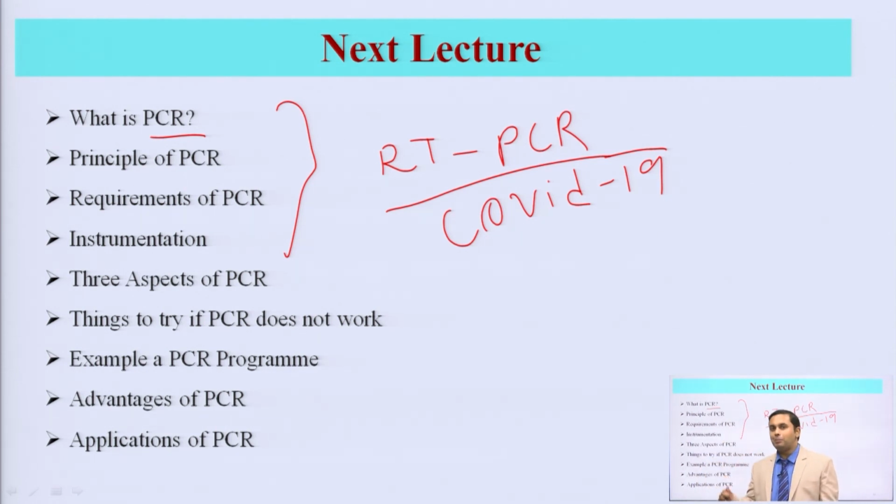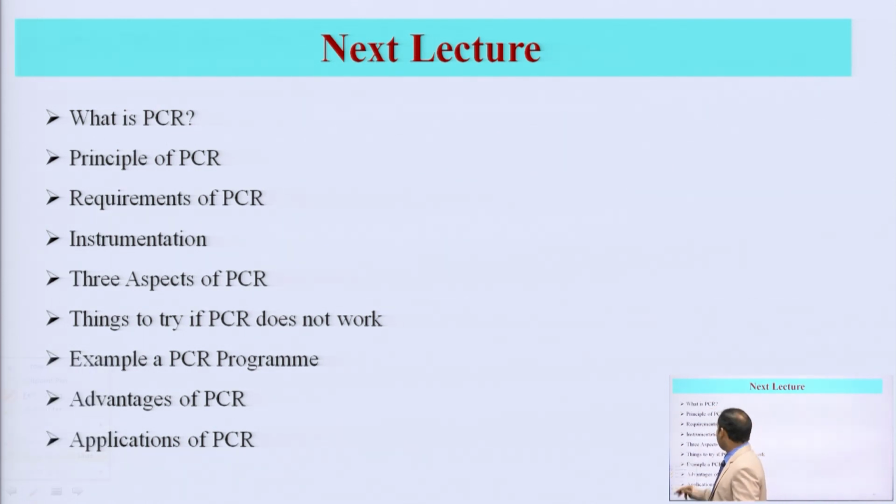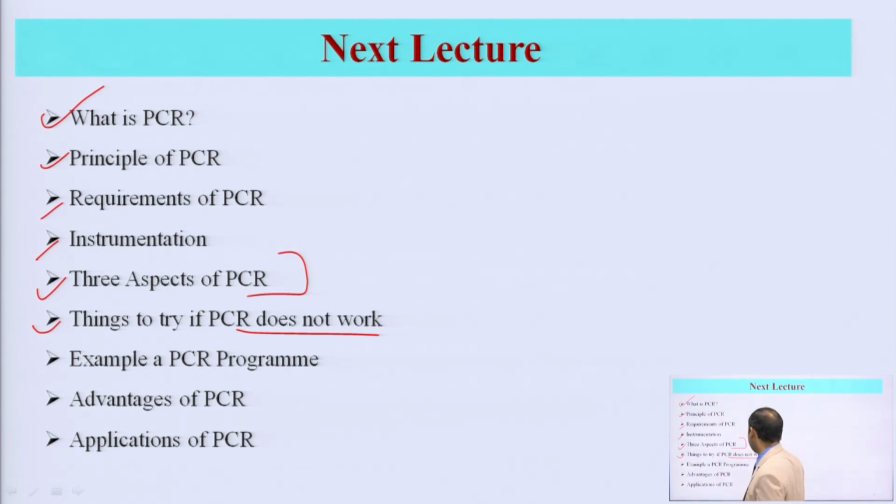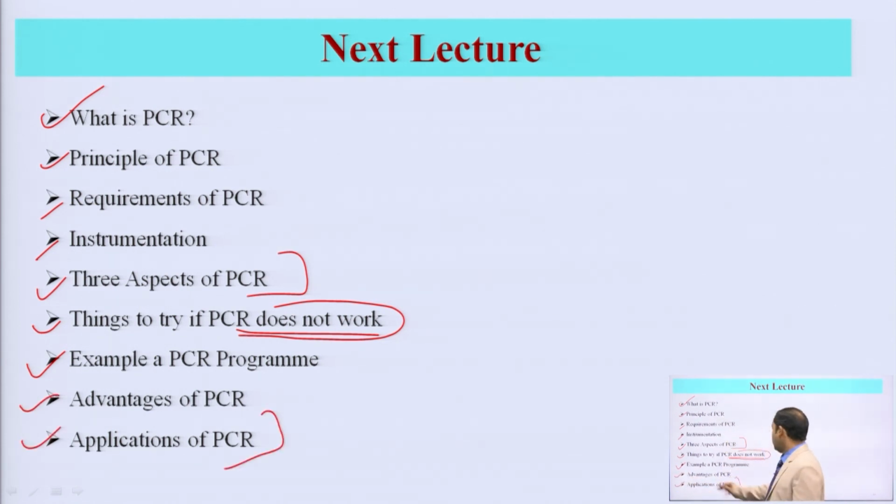How RT-PCR is involved in COVID, and how polymerase chain reaction changed the entire field of biotechnology, you are going to learn in our next lecture. I will tell you what PCR is, its principle, requirements, instrument, 3 aspects of PCR, things to try if your PCR does not work, examples, advantages and applications. So, next day we may learn these new things.